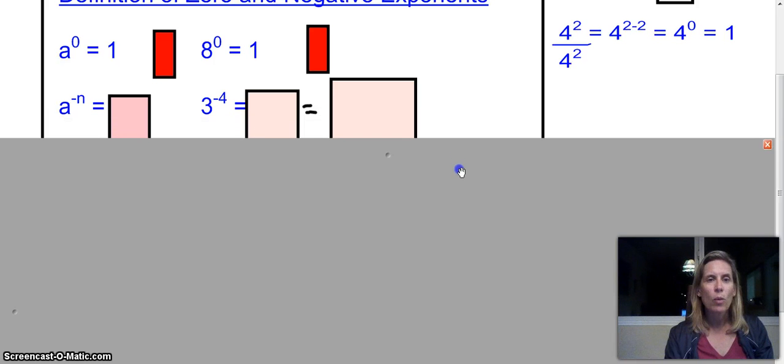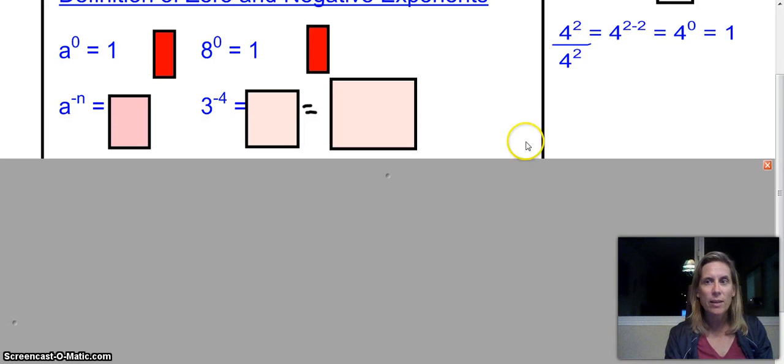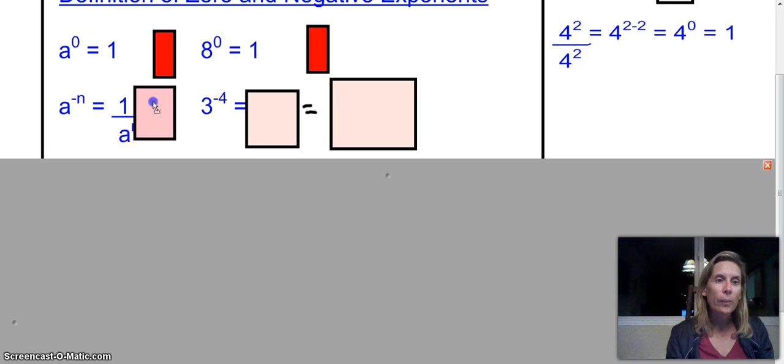Let's see what happens now with a negative exponent. So if I have a negative exponent, we saw that negative 2 in that example. That expression then, that entire expression, is really 1 over a to the n. So it's as though we're taking a reciprocal. It is the reciprocal of a to the n, 1 over a to the n.